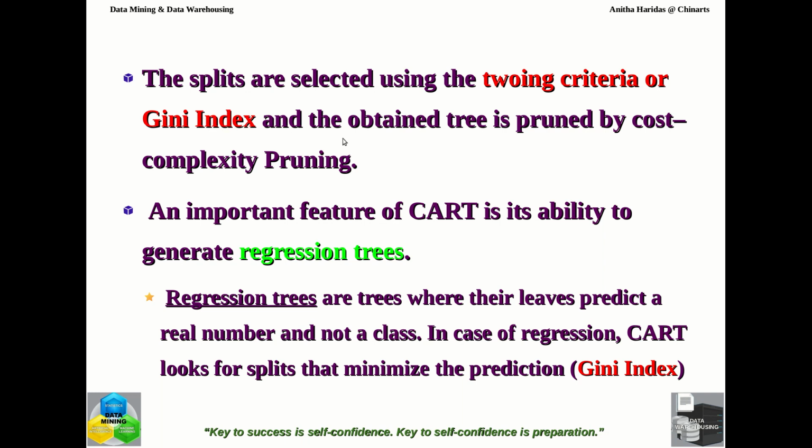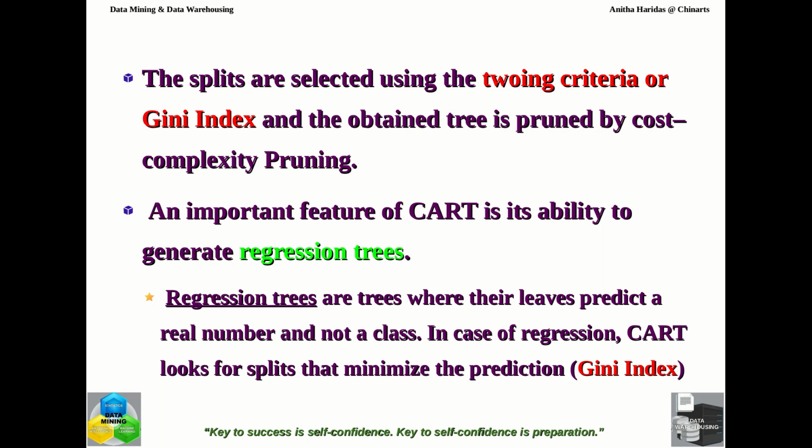So using this, you will generate a tree, and this tree is pruned by cost complexity pruning. Cost complexity pruning is nothing but a pruning process. Here what it will do, it will be generating a series of trees, and it will calculate the error rate of all these trees, right?